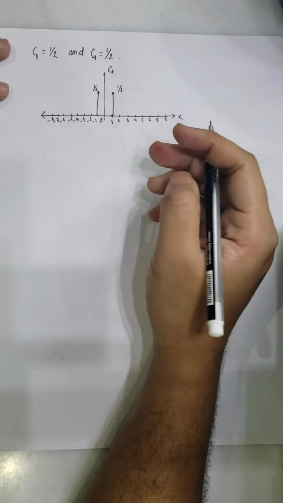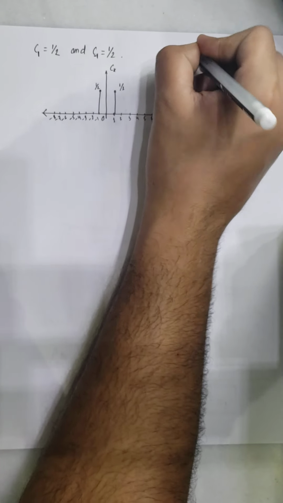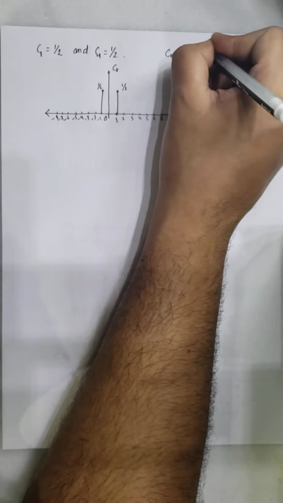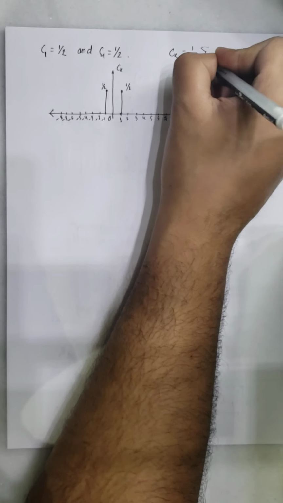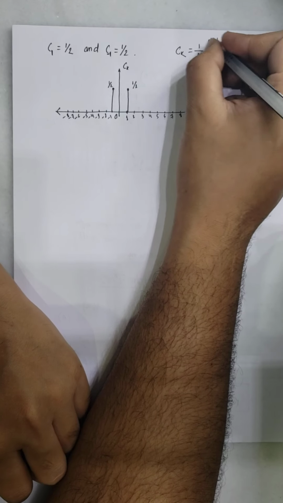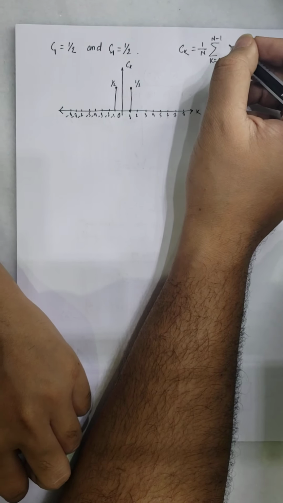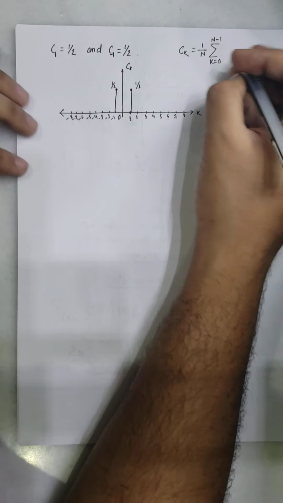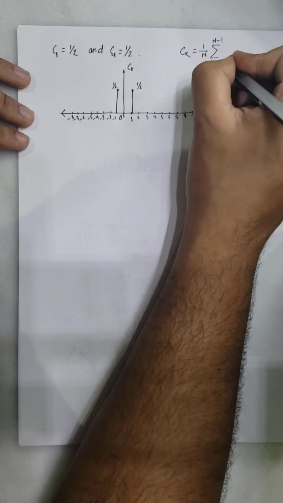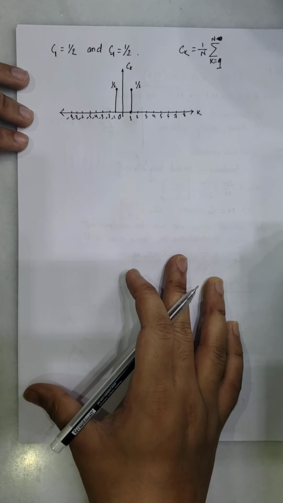Now remember, the summation for C of k in the analysis equation, which is 1 over N, runs from k equals 0 to N minus 1. That means after N minus 1, the signal will repeat once again. So what is the value of N? Let us take 1 to N for the ease of calculation.